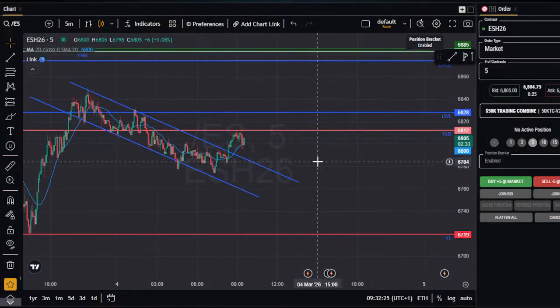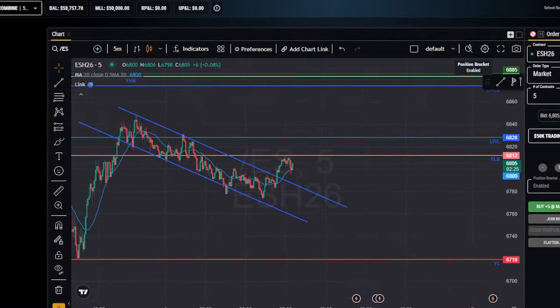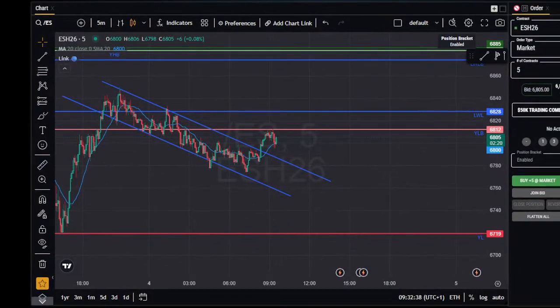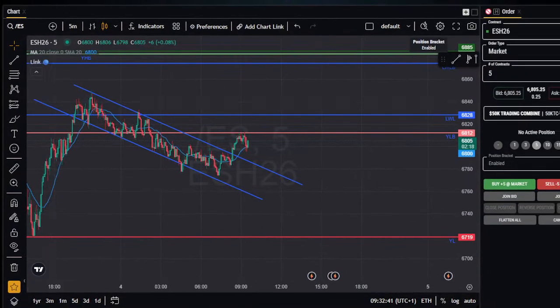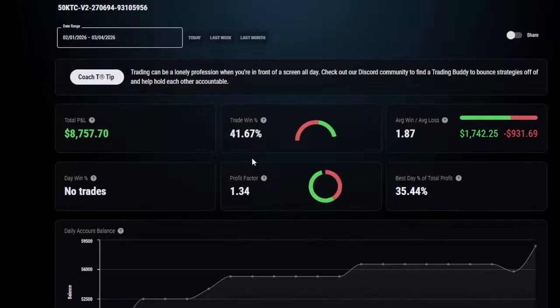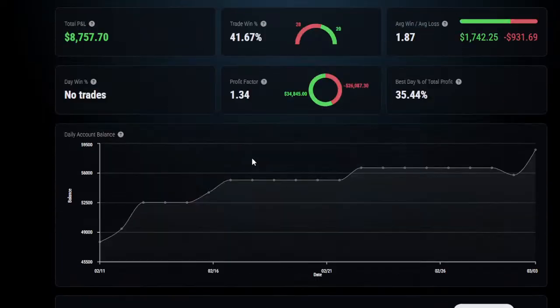I am trading with my sim account, as you see here. The stats don't look so bad.